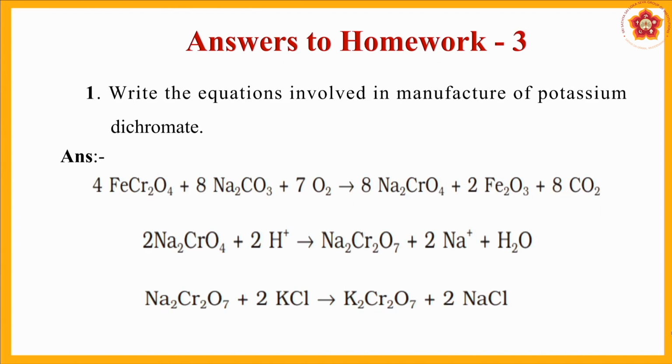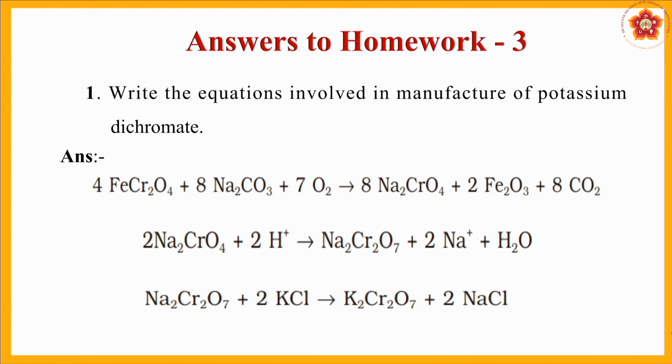The first question was, write the equations involved in the manufacture of potassium dichromate. Potassium dichromate is considered an oxidizing agent, and these reactions we had studied in the earlier segments.